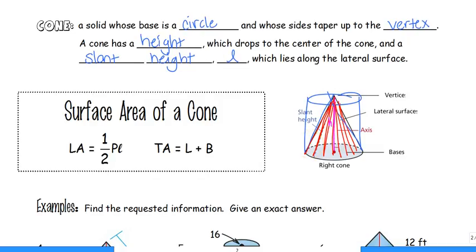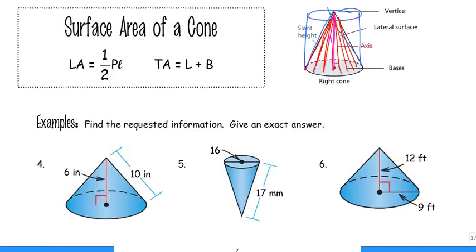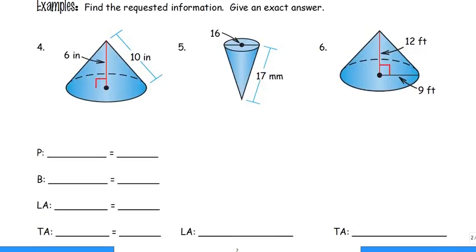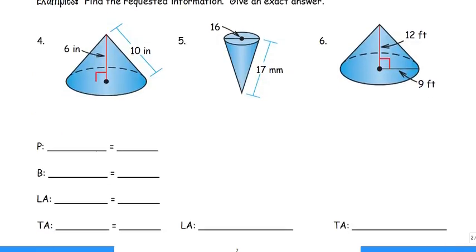Good news is that our lateral area formula and our total area formula are the exact same as we had for our pyramids. So let's go ahead and get started. We want the perimeter of our base. Our perimeter of a circle is the circumference, which is 2 times pi times r.